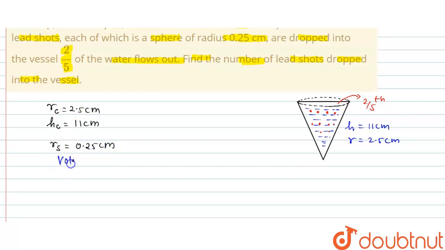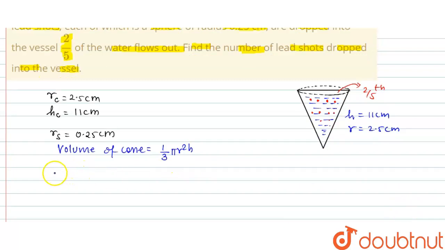Volume of cone is equal to 1/3 pi r square h, where r is the radius and h is its height, and volume of sphere is equal to 4/3 pi r cube.